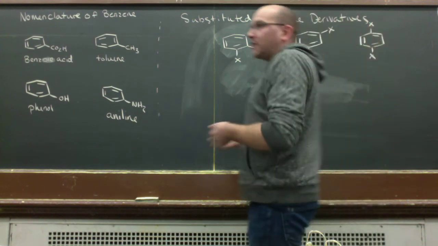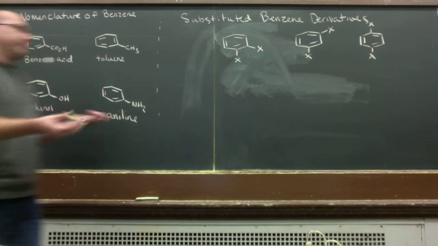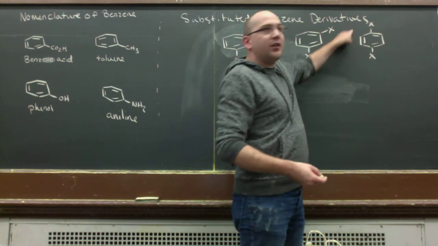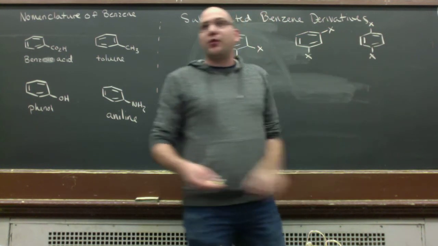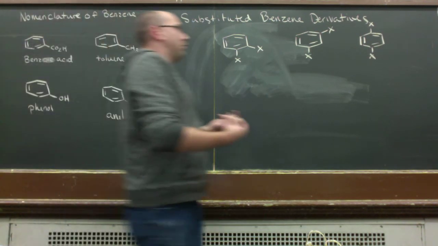So here are the 3 possibilities when you're talking about 2 substituents. There's really 3 different ways that they can be, because if we continue going in the other direction, it would just be the reverse of what we were looking at. And so these are terms that we're going to want to get to know, okay?